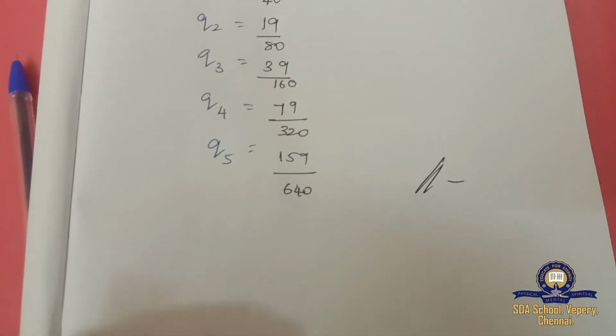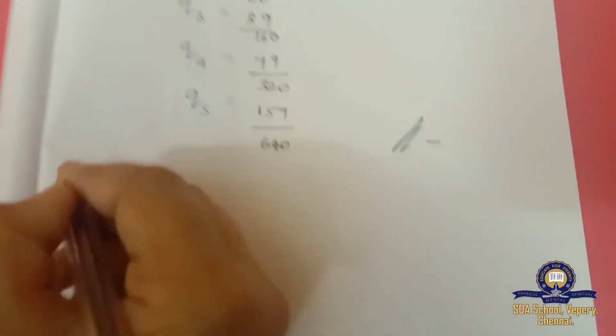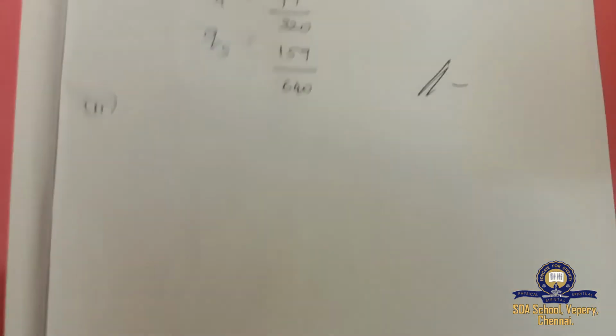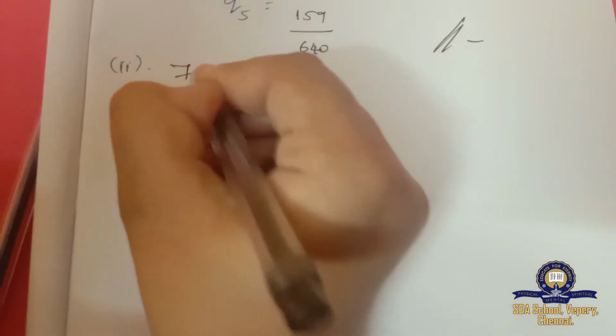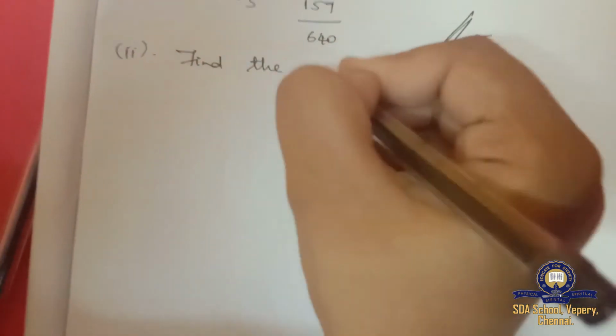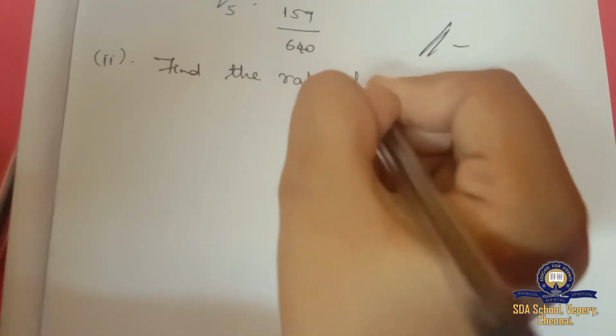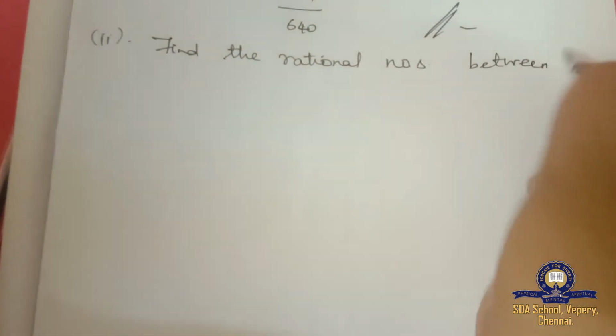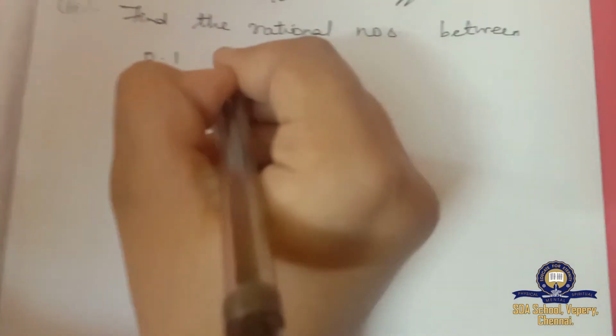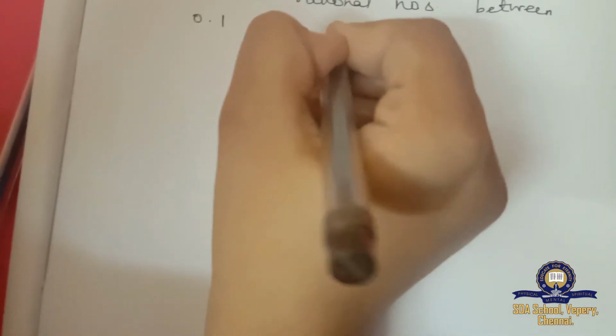Got it, students? Now, let's move on to the second subdivision. We have to find the rational numbers between 0.1 and 0.11. Okay.